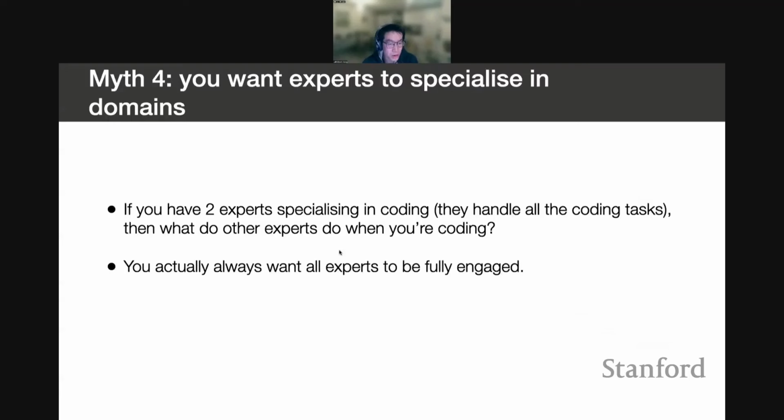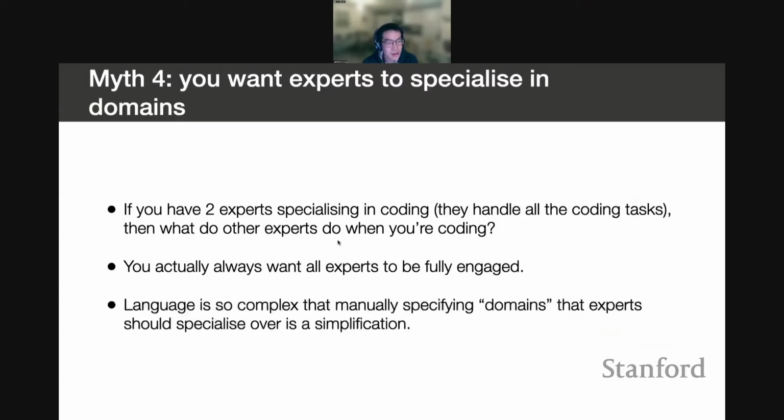You actually want all the experts to be fully engaged at all times to maximize your inference efficiency. Language is also so complex that manually specifying the domains experts should specialize over seems to be a simplification to me, because there might be a lot of underlying features that the experts specialize over that are just not present at the very high domain level.